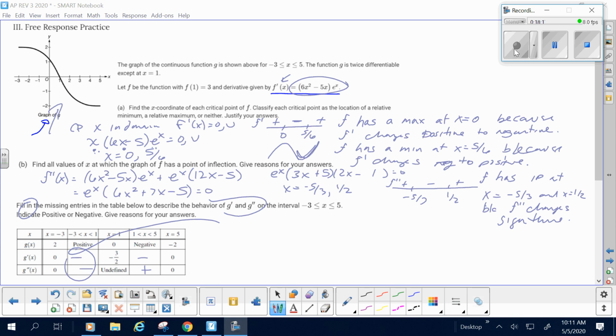I think you'll agree that the graph is always decreasing. And so G prime is negative because the graph of G is decreasing, or you could say the tangent slopes are negative there.